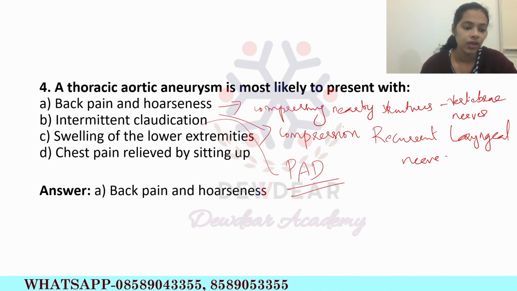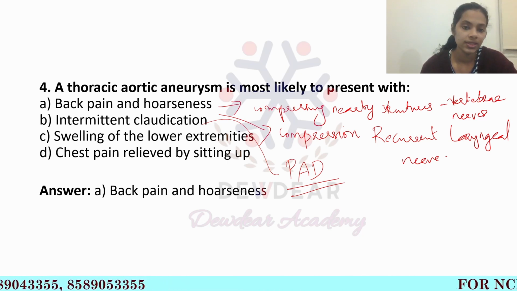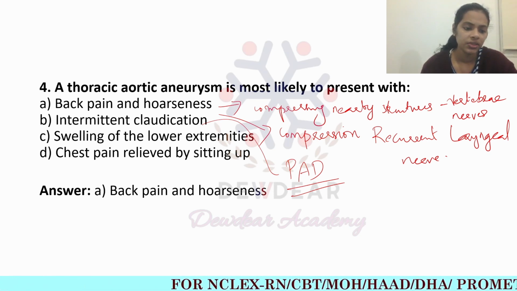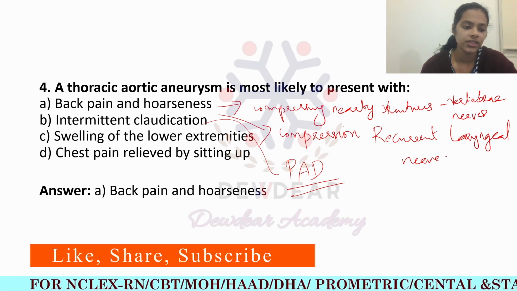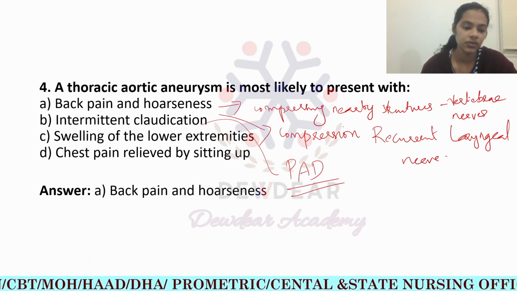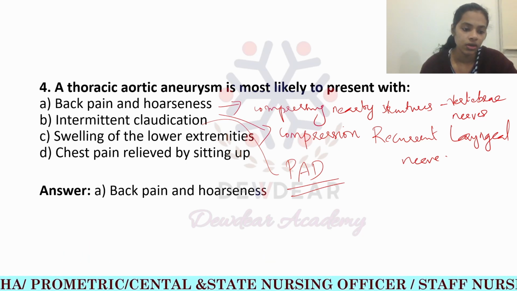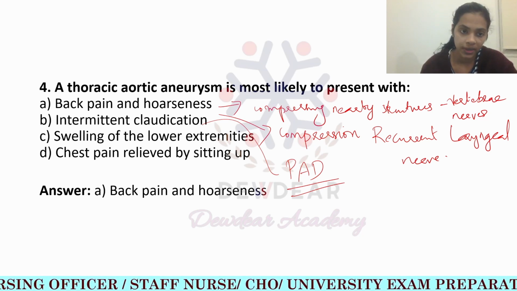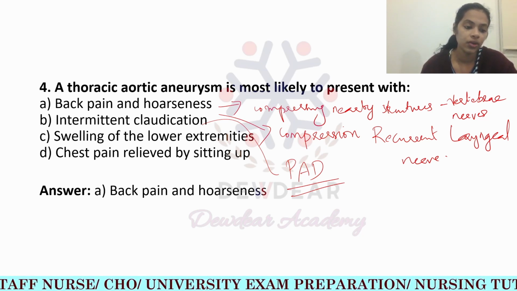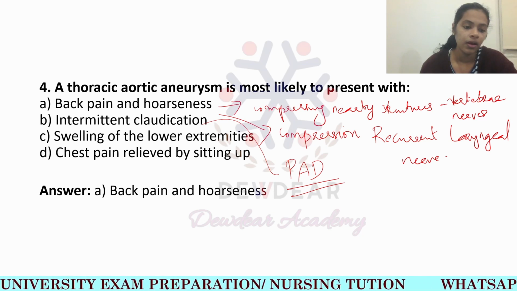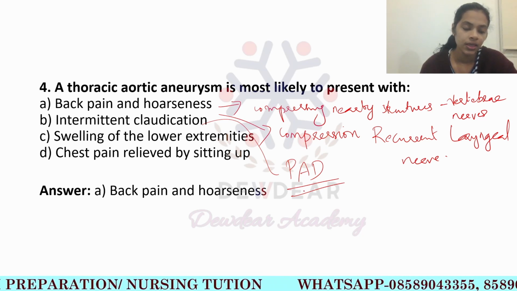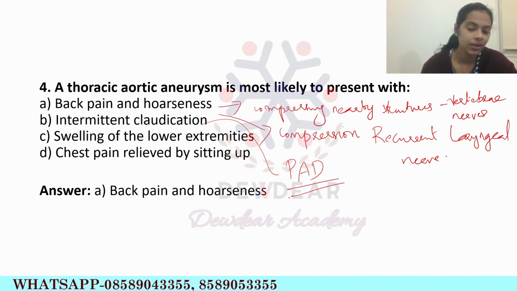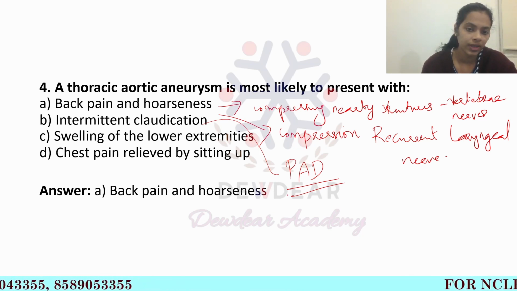Then we have option C, swelling of the lower extremities. Swelling mainly indicates fluid retention or venous insufficiency. Mainly the abdominal aortic aneurysm causes symptoms in the lower limb, not the thoracic aortic aneurysm, because in an abdominal aortic aneurysm there will be compression of the iliac veins, and that may lead to symptoms in the lower extremity.